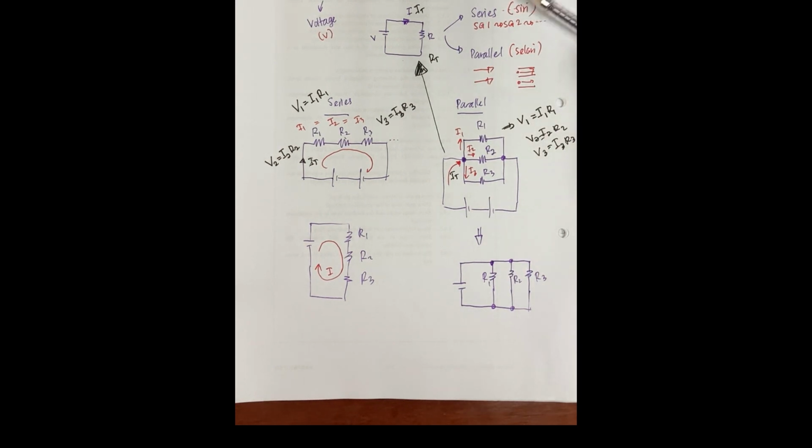Now we are going to get the value for each of it for parallel and series. So for series and parallel, there are different ways for us to get R total.